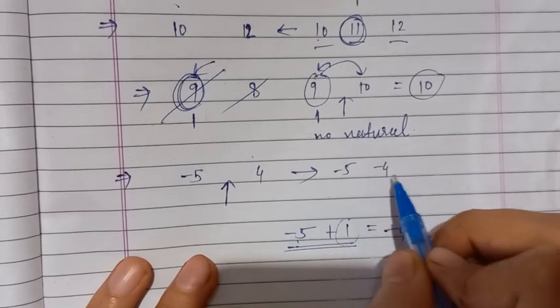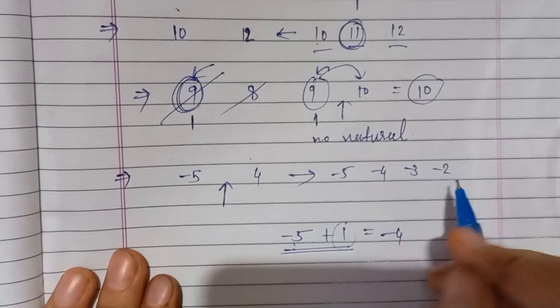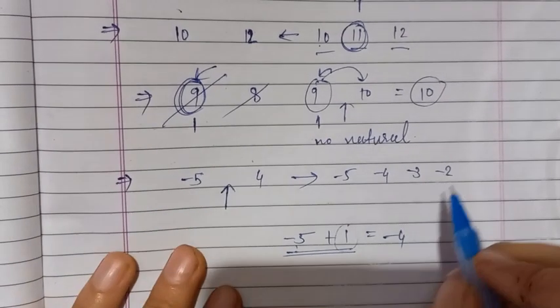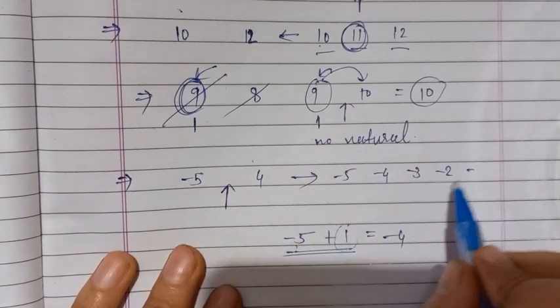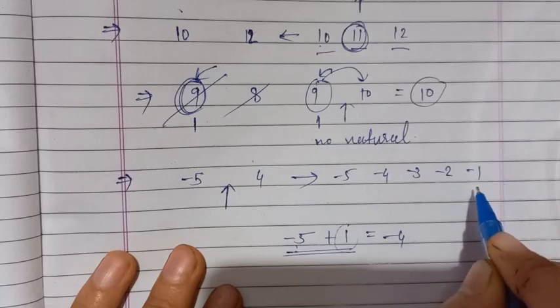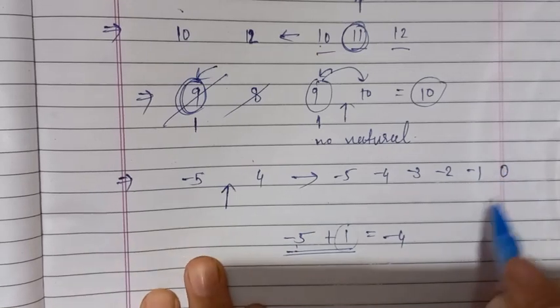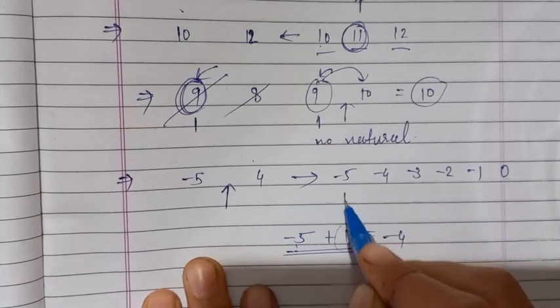So the number after -5 is -4. Again we add 1 to -4, then we get -3, then -2, then -1, then we add 1 to -1 and get 0. Then add 1 to 0, we get 1.